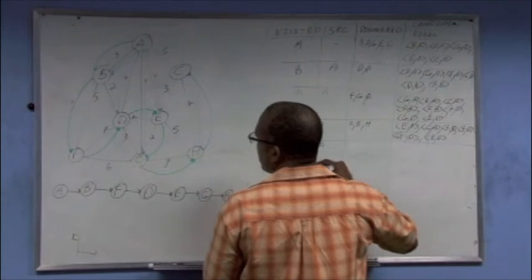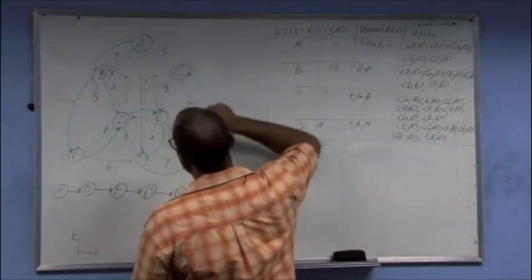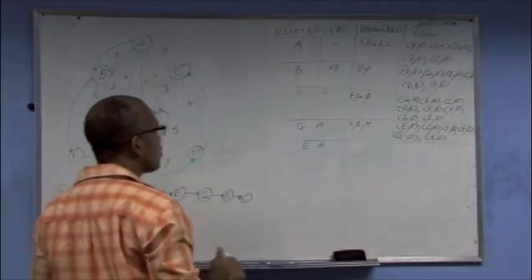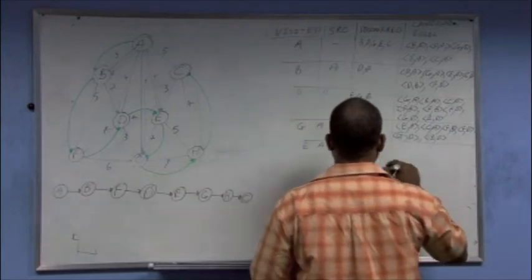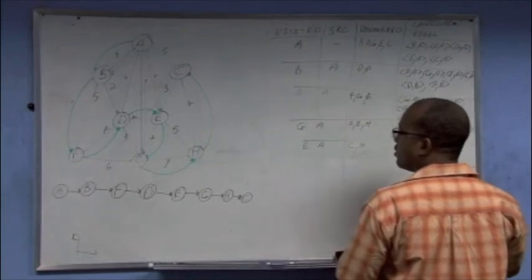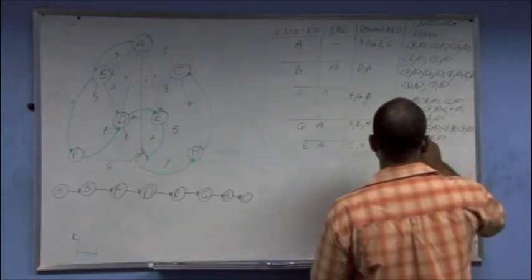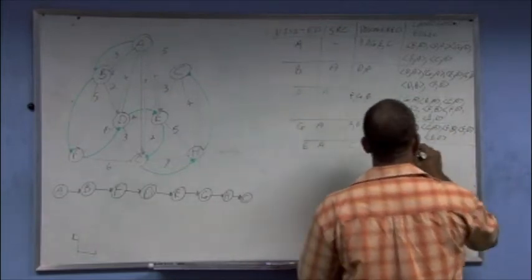So from E, we can actually discover C, H. Well, G is already discovered, so we just have C and H. And from here, I'm going to just copy up the things that were there before and then add the new things.